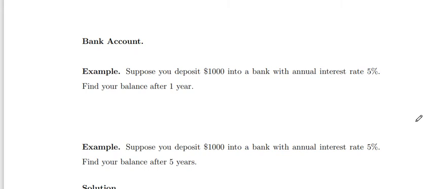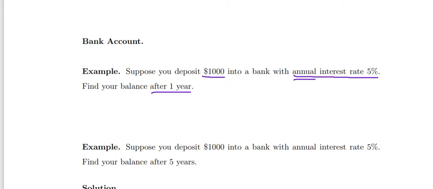So let's consider this problem. Suppose you deposit $1,000 into a bank with an annual interest rate of 5%. Here annual means the time period. We calculate your interest based on the year. So let's find the final balance after 1 year. This is easy, right?